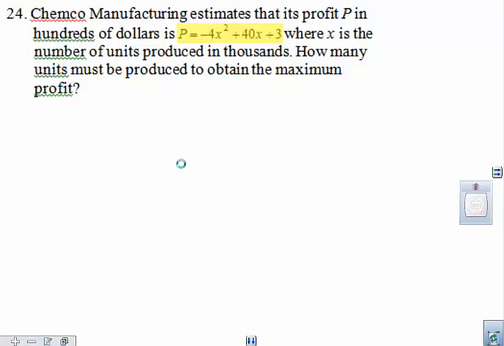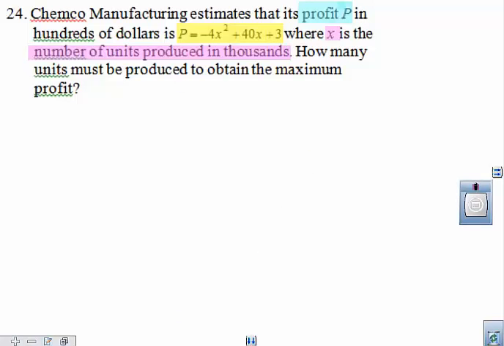Alright, so I've already highlighted the function that you're given, but you may also want to highlight what the variables represent. Okay, x is number of units in thousands, and your P is the profit, and they want to know how many units must be produced to obtain the maximum profit.